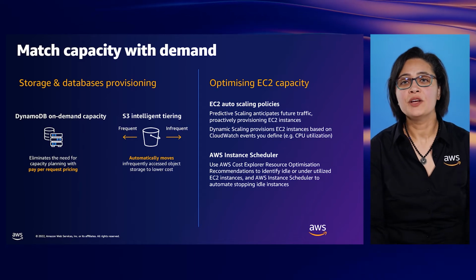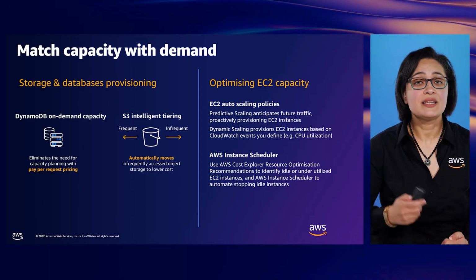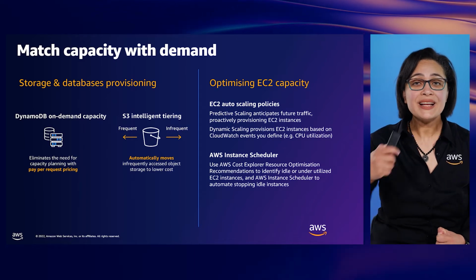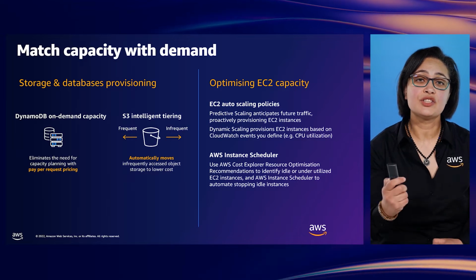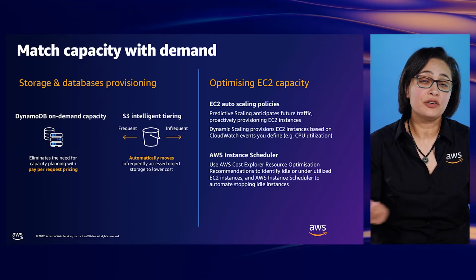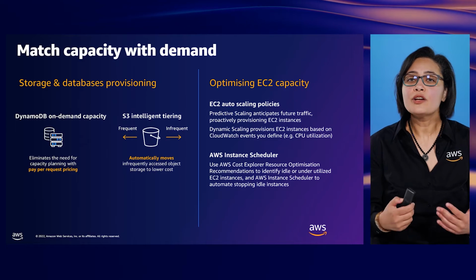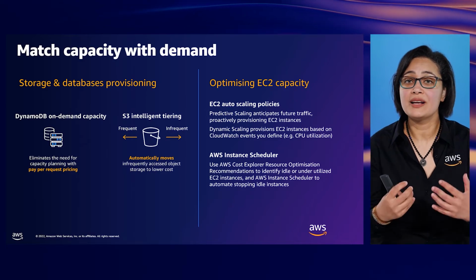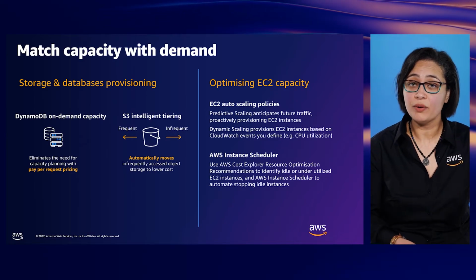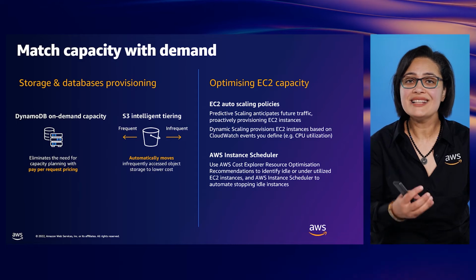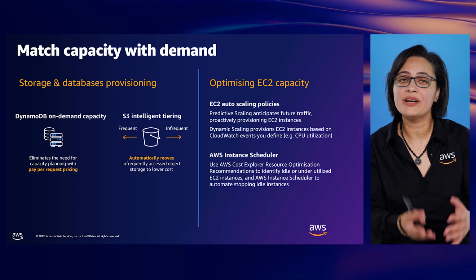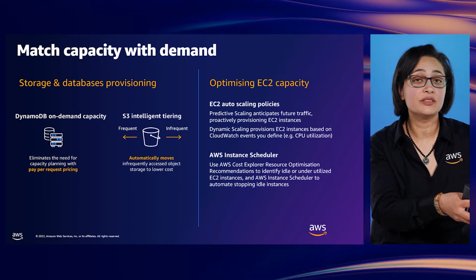For EC2, you can use AWS Instance Scheduler to automatically terminate idle EC2 and RDS instances that are not in use and start them again when the capacity is needed. You can also identify underutilized instances using Cost Explorer in the EC2 console. Then the Instance Scheduler can automate stopping those idle instances you identified.